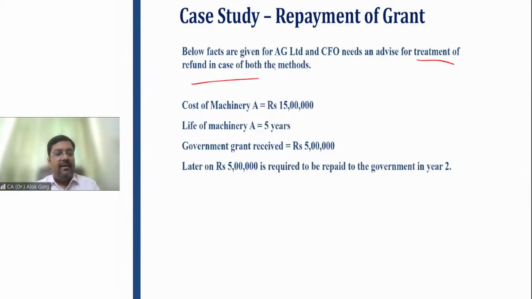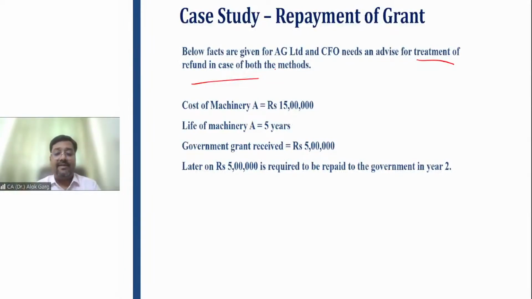So friends, the grant related to P&L we have understood. If there is a deferred government grant balance, adjust from that, and the remaining will go to the P&L. In case of grant related to asset, there are two methods. What are the two methods?